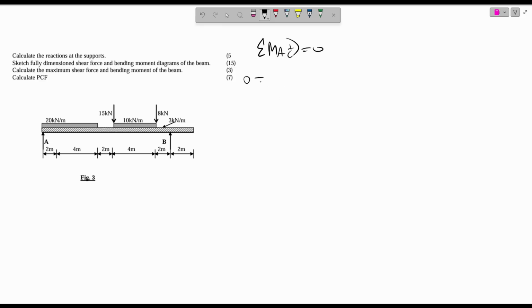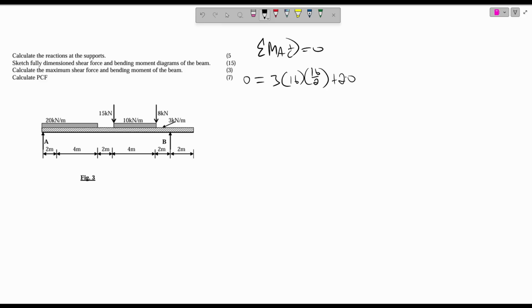And then the 0 is equal to, let's start from the first side. Let's start with the 3 kilonewton. So 3 kilonewton times (2 plus 4 plus 2 plus 4 plus 2 plus 2, which is 16) times 16 divided by 2. Then we have 20. Both the 3 kilonewton is clockwise, since it's going downwards.